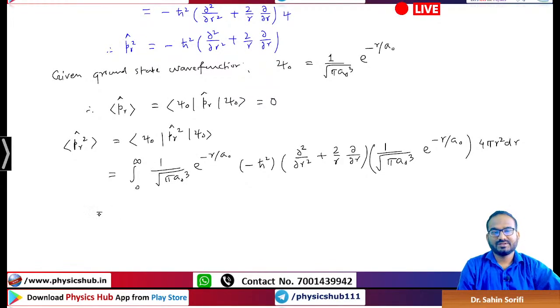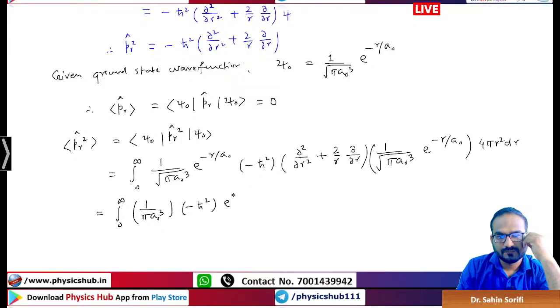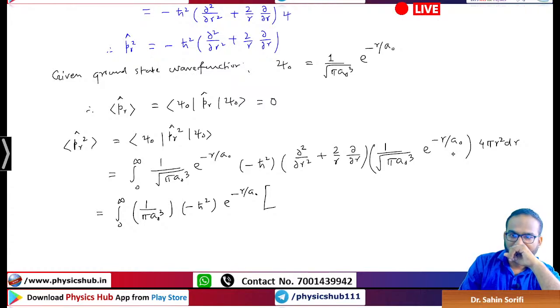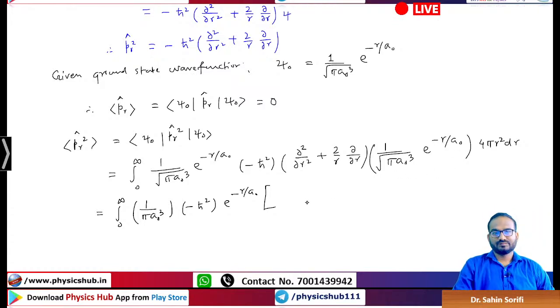Okay, now as you can see, from 0 to infinity, 1 by square root of pi a naught cubed is appearing twice, so they become 1 by pi a naught cubed. This minus h cut square we are keeping as it is. Then this e to the power minus r by a naught we are keeping as it is. Next, we have to operate this whole thing on e to the power minus r by a naught.